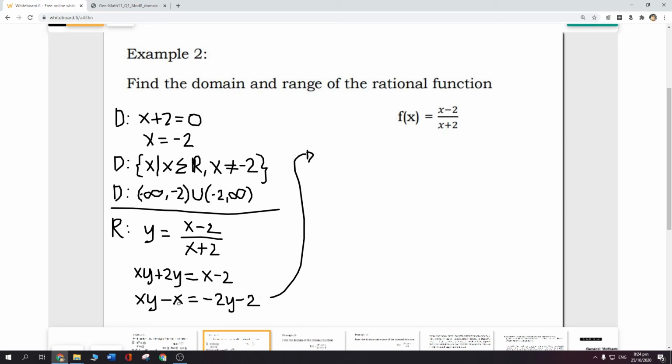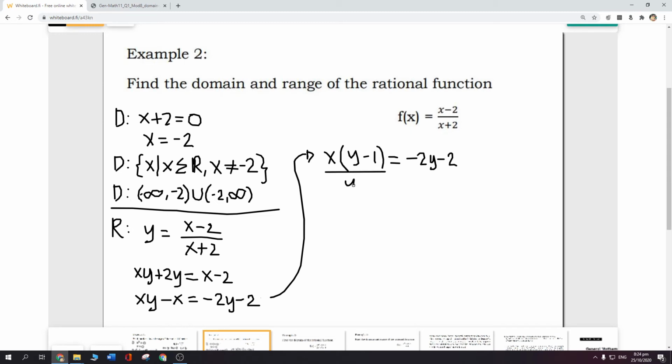We are going to factor out the common factor, which is x. So we have xy divided by x, we have y. x divided by x is 1. So we have x times y minus 1 equals negative 2y minus 2. You may factor this out or not, it's just the same.